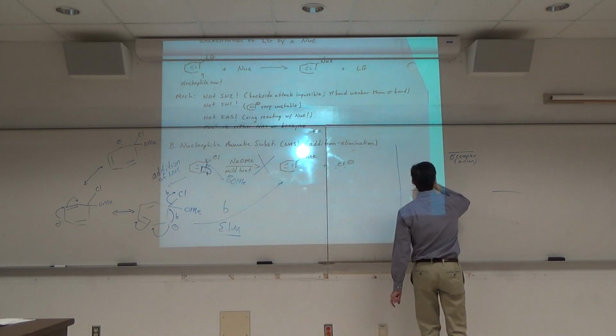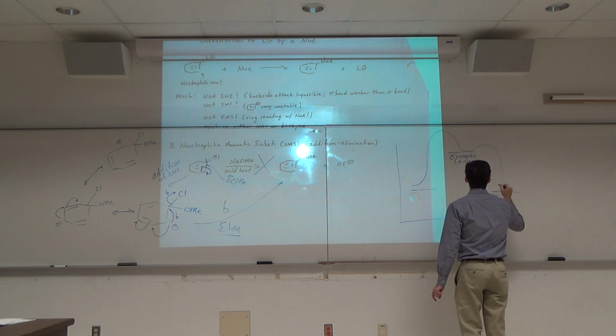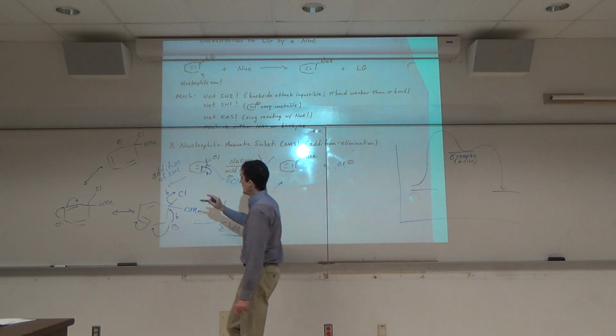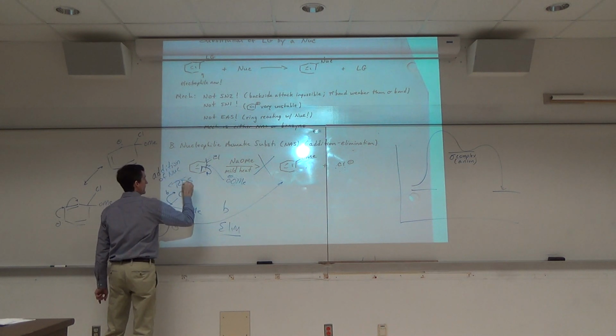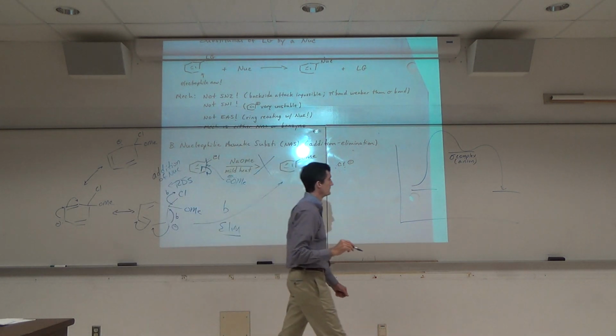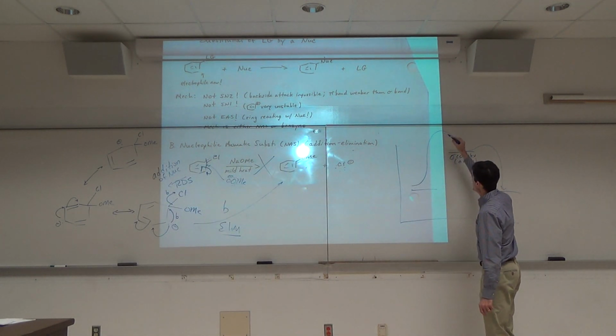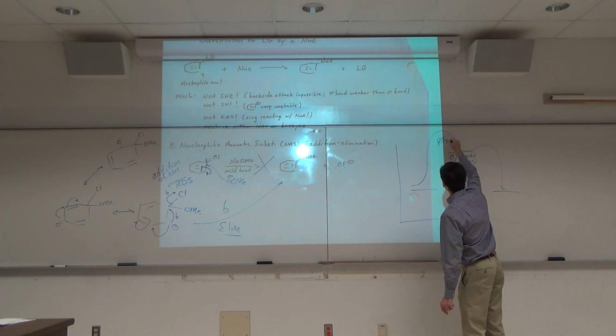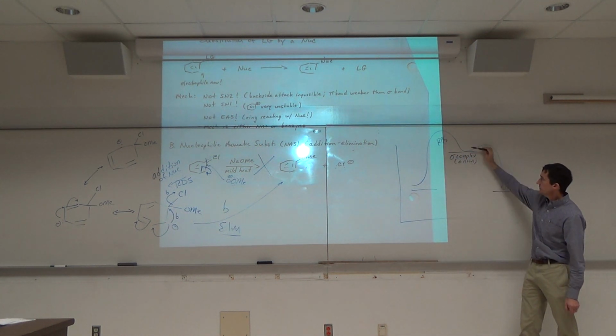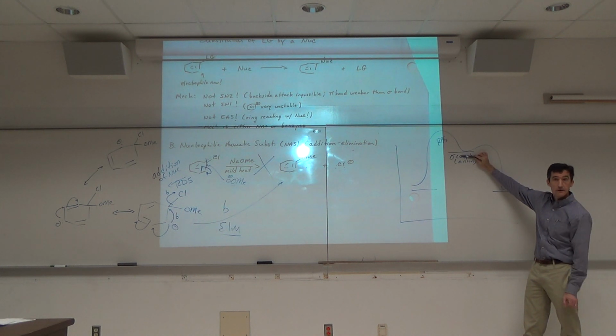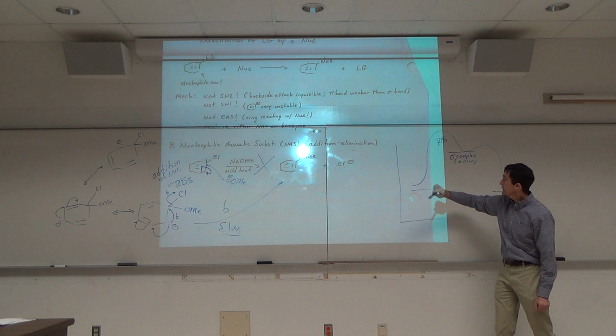Which one's the rate determining step? First one. Yes. If I'm telling you this does not occur, we had to say, well, apparently this is too high in energy to be formed at mild heat.